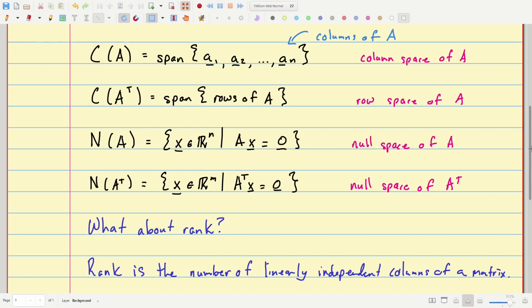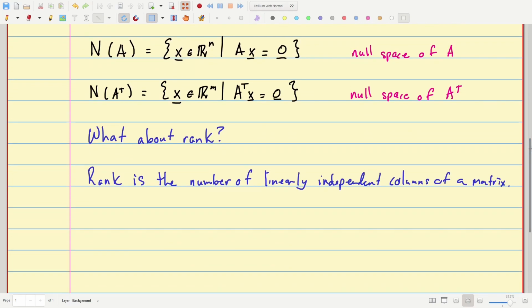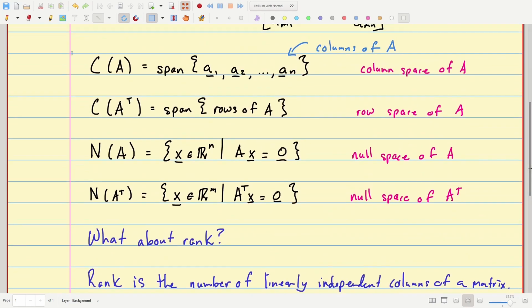So an equivalent statement to saying that the rank is the number of linearly independent columns of a matrix is because the column space is the span of those columns, that the dimension here has to equal the rank.